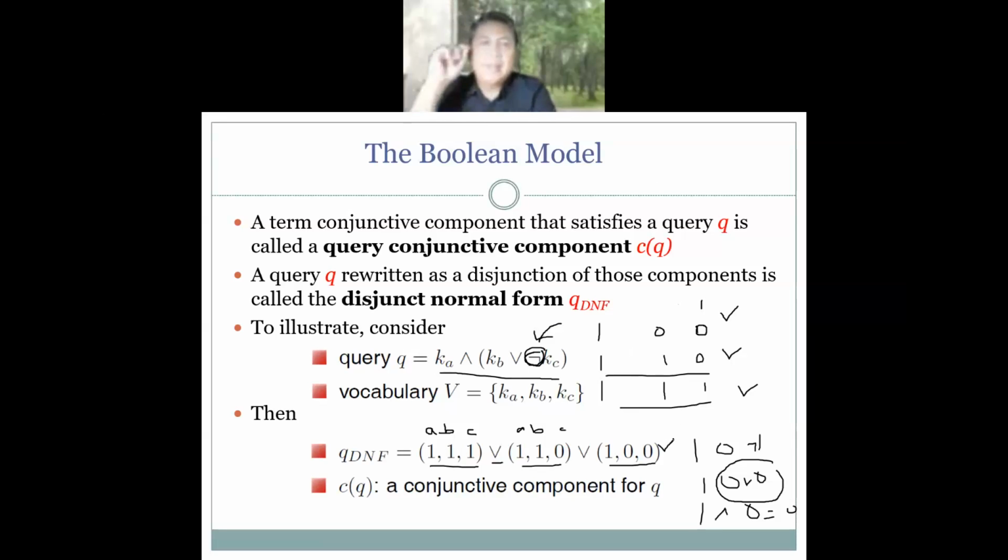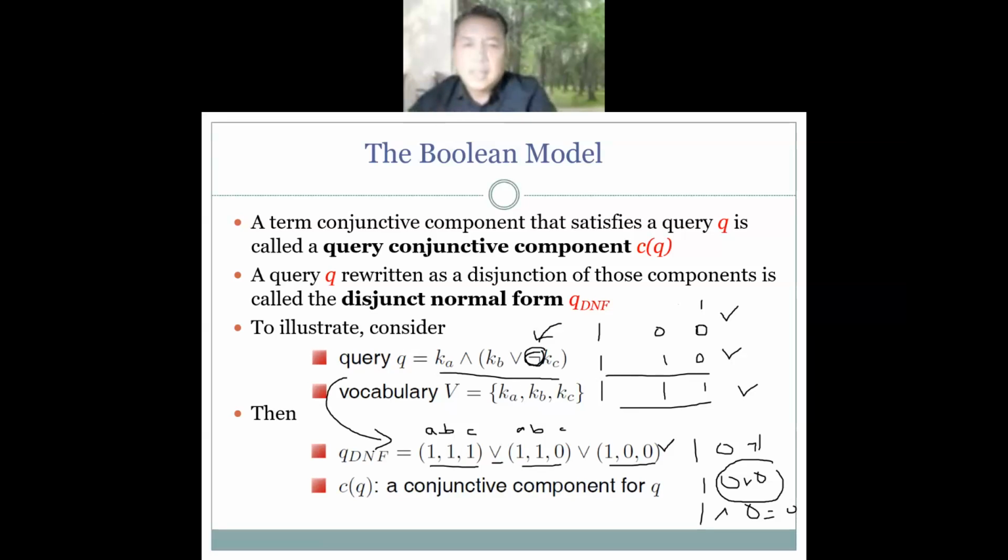Okay. So the main idea here is how do you translate this query in the form of query conjunctive components into the disjunction of those components.